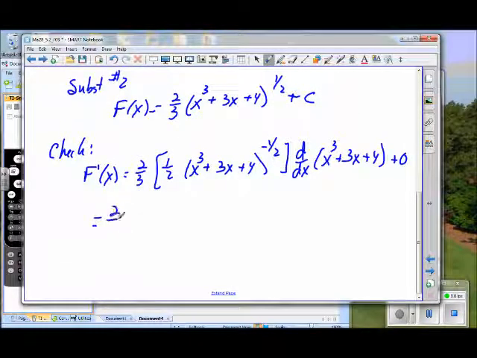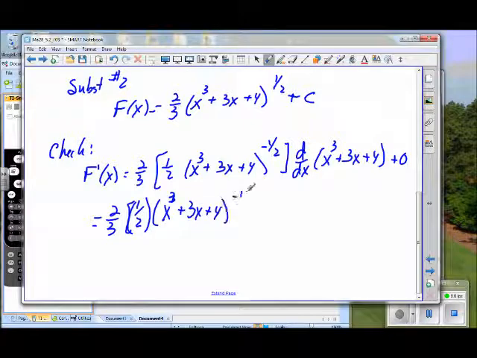Let's see, this is 2/3 times 1/2 x cubed plus 3x plus 4 to the negative 1/2 times 3x plus 3.